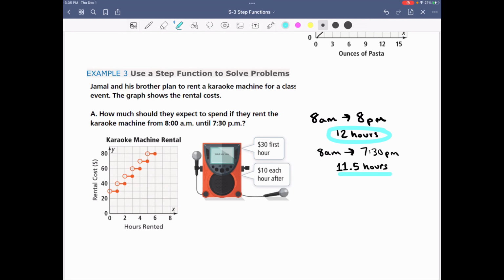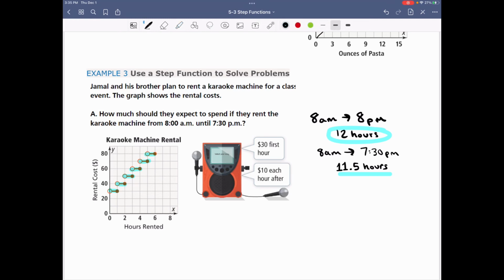All right. And as we look at the step function, if you rented it for between 0 or greater than 0 up to 1 hour, you pay $30. And then if you rent it from more than an hour up to 2 hours, it's 40, and then 50, 60, 70, 80, that we're going up.